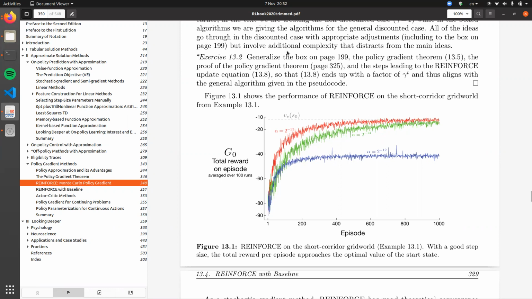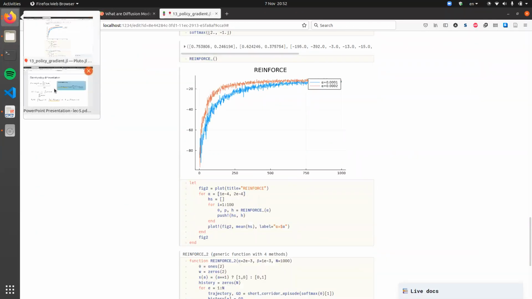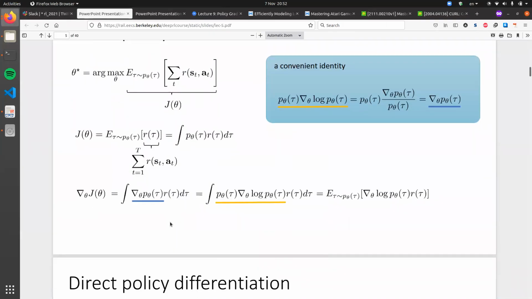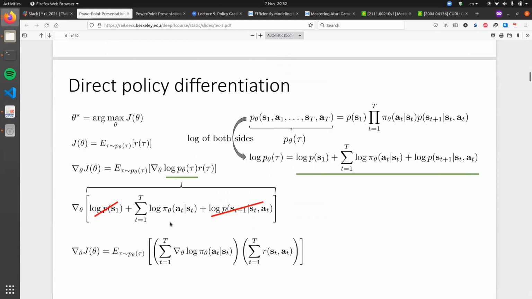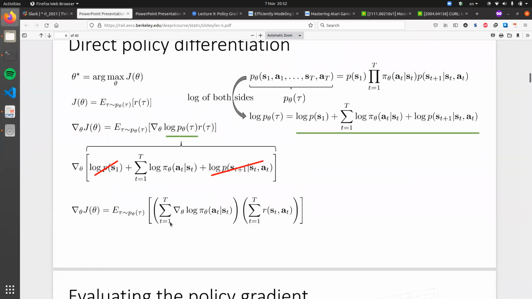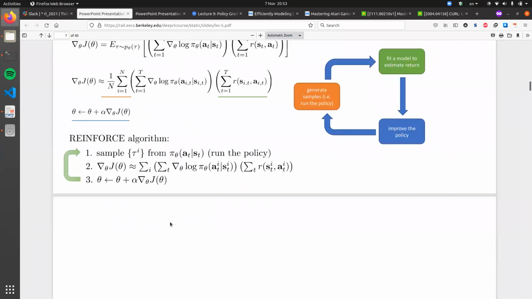I haven't done this exercise, but probably you can find the necessary equations in the lectures I've mentioned. From those deep reinforcement learning courses, they have a bunch of policy differentiation variants.